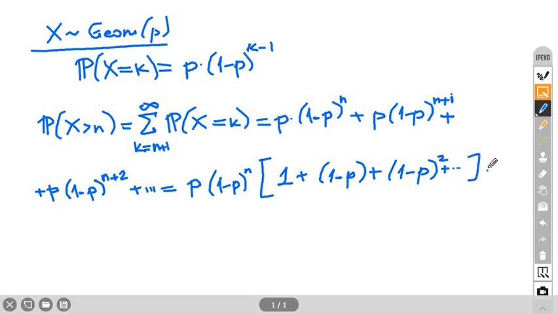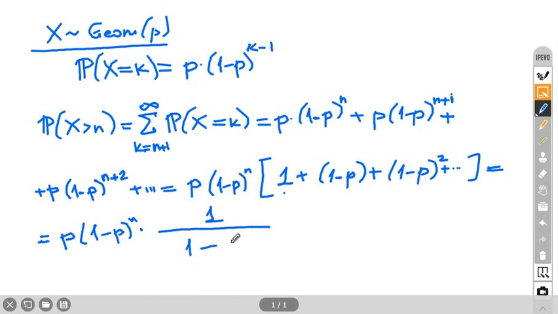So here I have a geometric sum, and I can calculate it easily by using the following formula. The first term, which is 1, over 1 minus the ratio of consecutive terms.